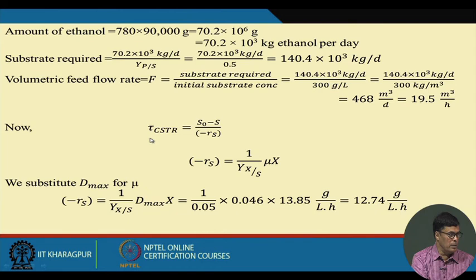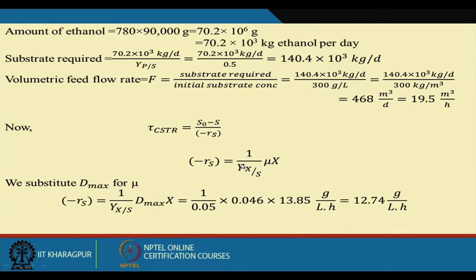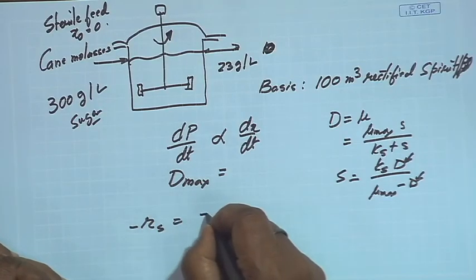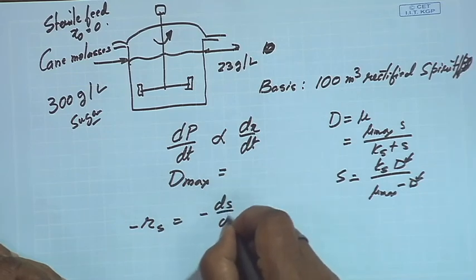Now, since this is the CSTR, we can easily find out the tau CSTR, the space time required for the continuous stirred tank reactor, which is S0 minus S divided by minus RS. This we already derived in our previous lectures. Then minus RS I can write like this, because minus RS is equal to minus dS by dt.